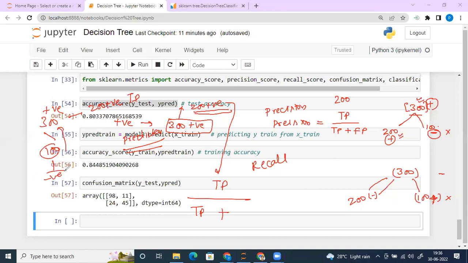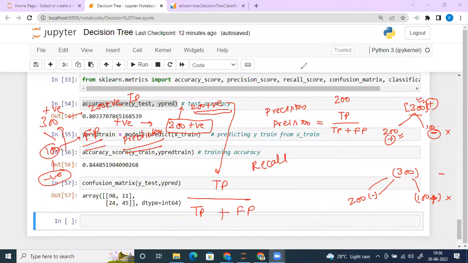Such data points which belong to the negative class, but my model believed they belong to the positive class, will be known as false positives. So we mention this, false positive. Out of all predicted positives, how many are actual true positives? This is nothing but your precision.